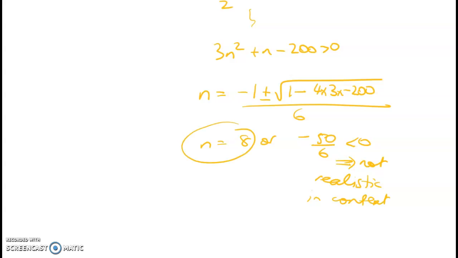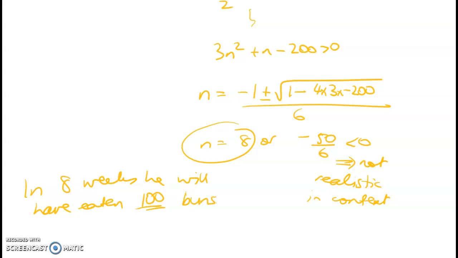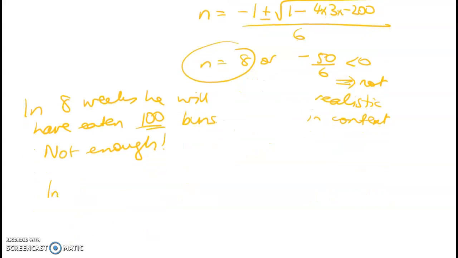So in 8 weeks, he will have eaten 100. So is that enough? No, not enough. When will he have eaten more than 100? In 9 weeks. Actually, maybe it's days.